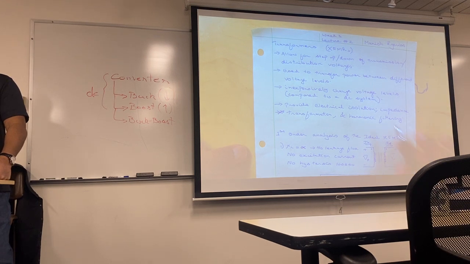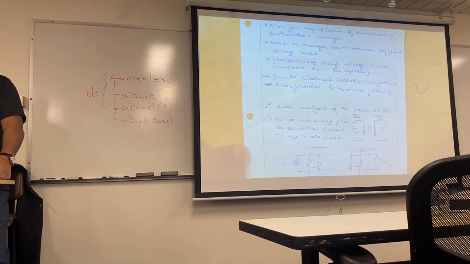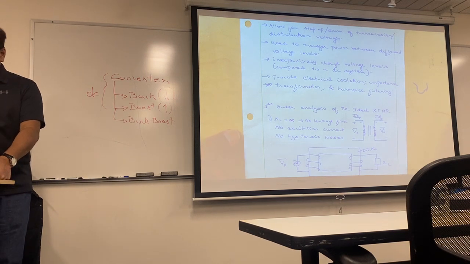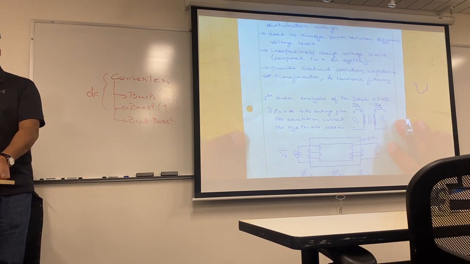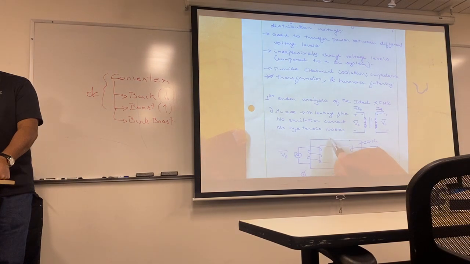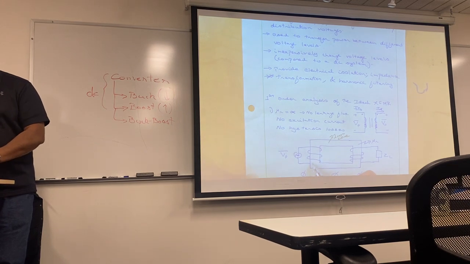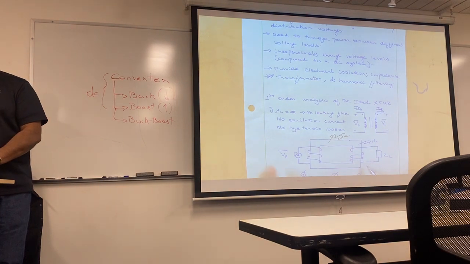Now, to understand transformers at the very basic level, it's got an iron core. So this is an iron core, and on it you wind copper windings. You put copper windings on both sides, and you have an iron core, and then on one side you hit it with a voltage that you want to increase or decrease.